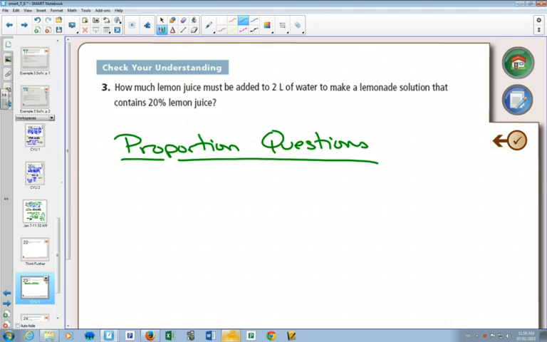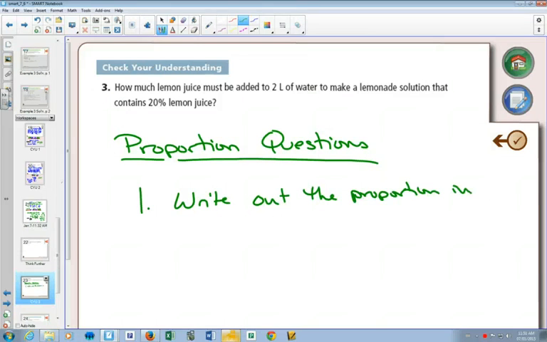And so for our proportion questions, all we're going to do is write out our proportion in words. We'll write it out in words first. It's pretty easy. These are the easiest of the 3.